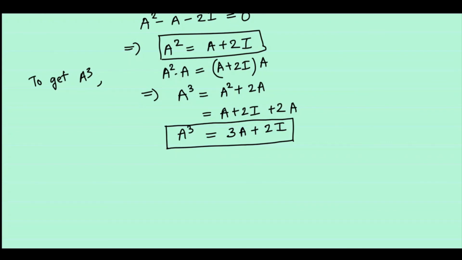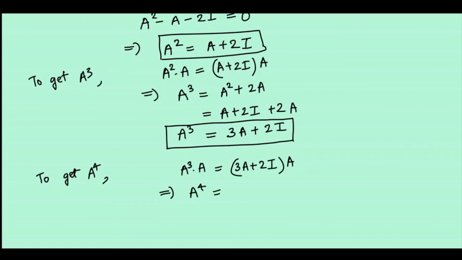Now suppose again we want to find A power 4. To compute A power 4, what we have to do is again multiply this with A. So you will get A cube into A is equal to 3A plus 2I into A. So this implies A power 4 is equal to 3A square plus 2A.